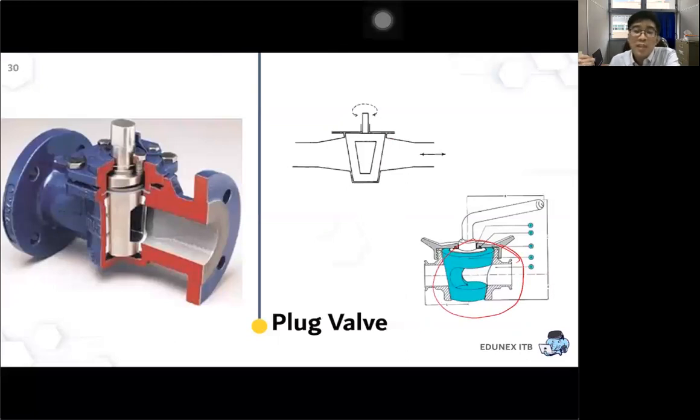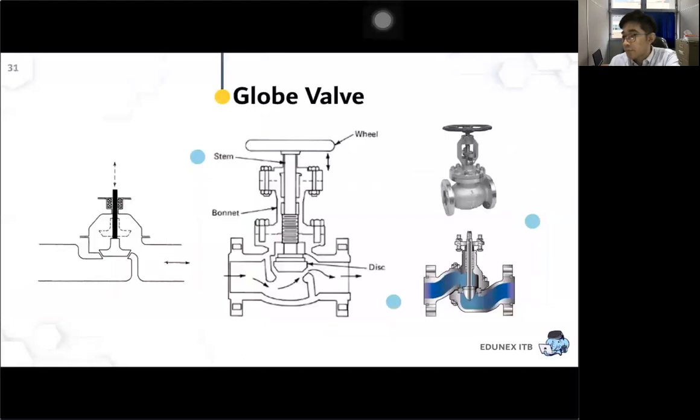But if you close, then you stop the liquid flow. The main function is to open and close, but you can use it to adjust the flow rate. It's more sensitive compared to the gate valve.